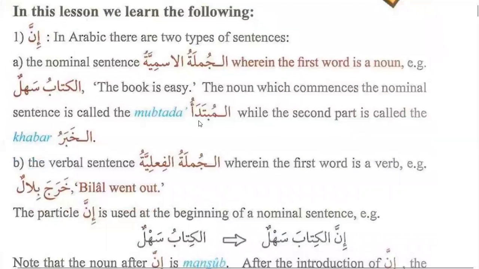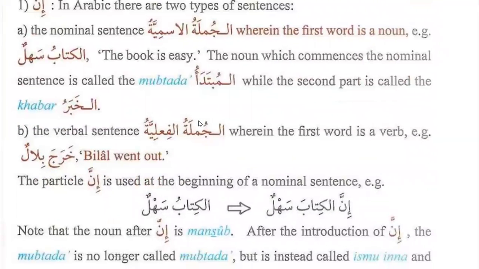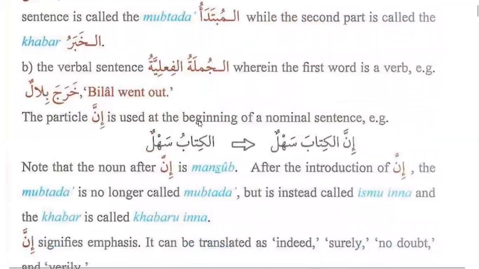The noun which commences the nominal sentence is called al-mubtada, while the second part is called al-khabar. The verbal sentence is jumla fi'liyah, where the first word is a verb. Kharaja Bilalun, Bilal went out.